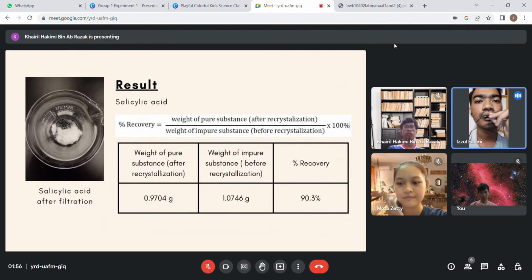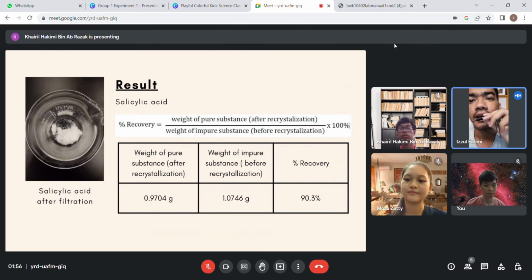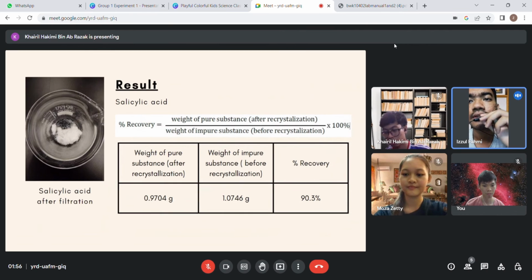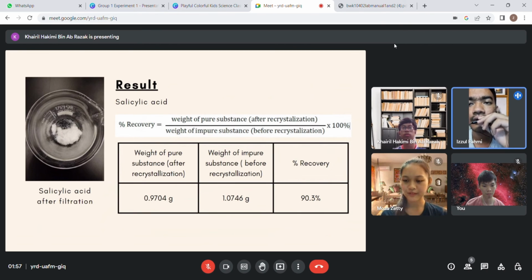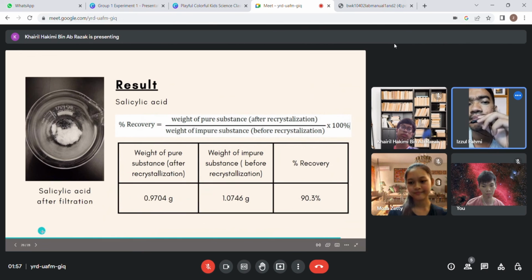The weight of pure substance after crystallization, we got 0.9704 gram, and then the weight of impure substance before crystallization is 1.0746 gram. So the percent recovery for the salicylic acid is 90.3%.